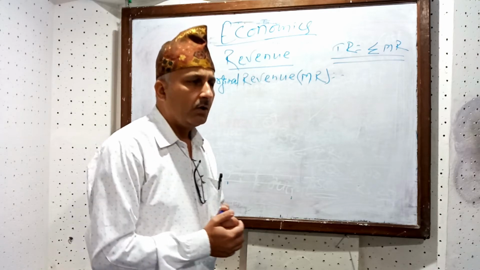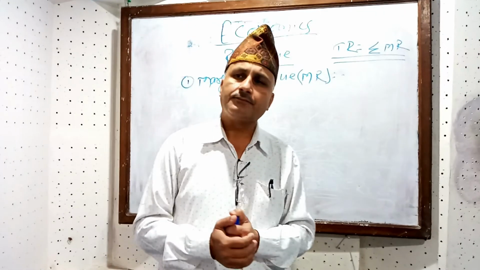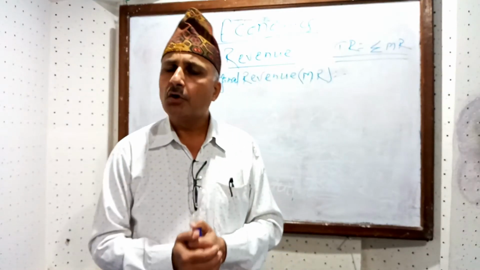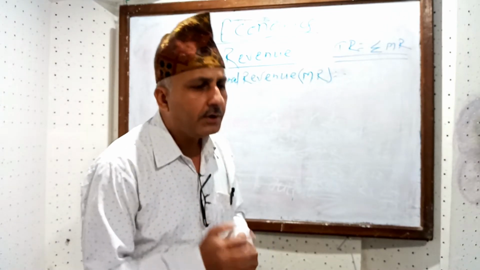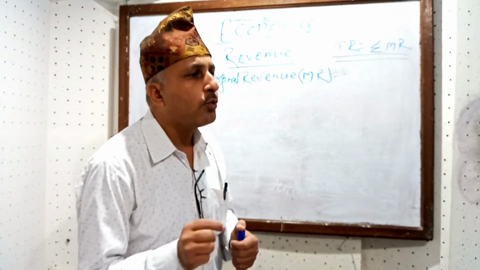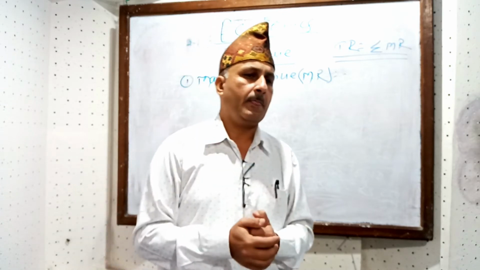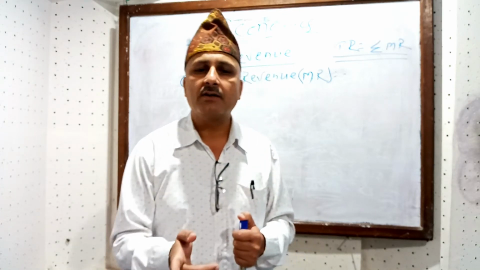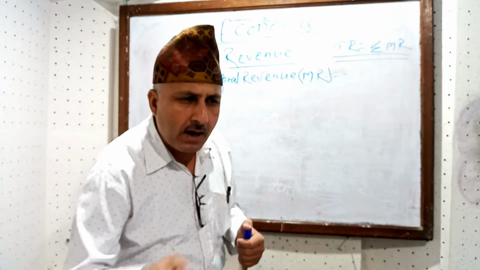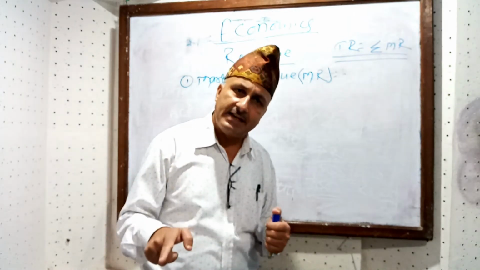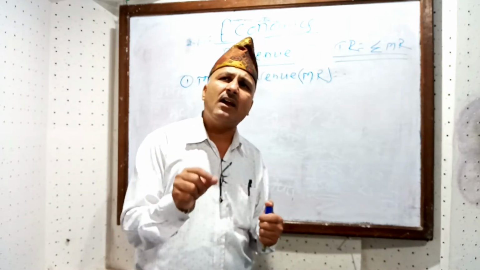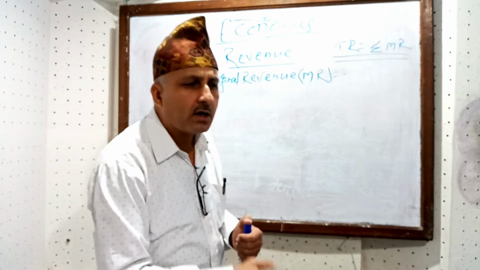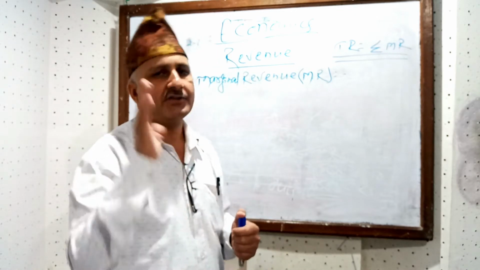Follow me. Marginal revenue is the change in total revenue due to the sale of one more unit of a commodity. That means the amount at which total revenue changes due to the sale of one extra unit of a commodity is called marginal revenue.